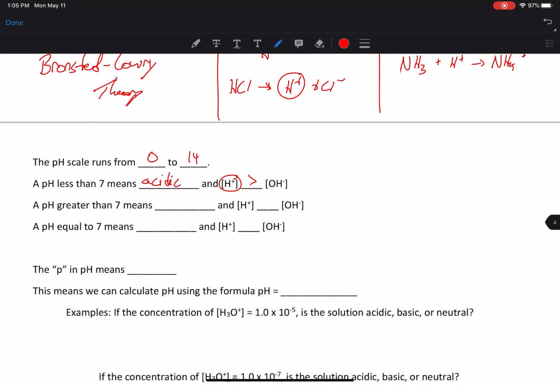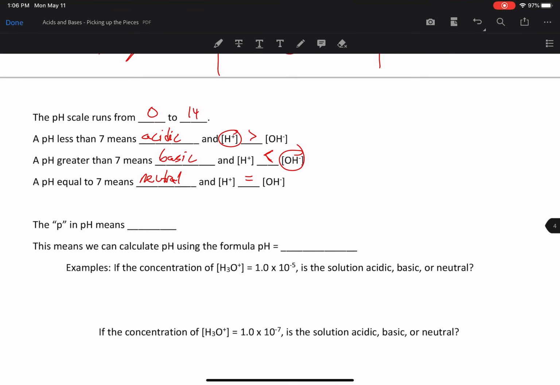Now a pH of greater than 7 means that you have a basic solution. And so here your hydroxide ion concentration is going to greatly outweigh your hydrogen ion concentration. So we'll have a little less than symbol over there. A pH equal to 7 means that you have a neutral solution, and your H+ and OH- concentrations are going to be equal to one another.